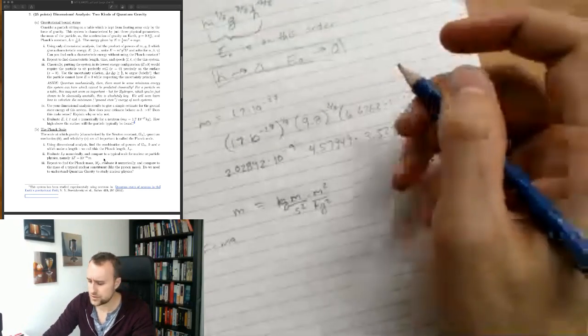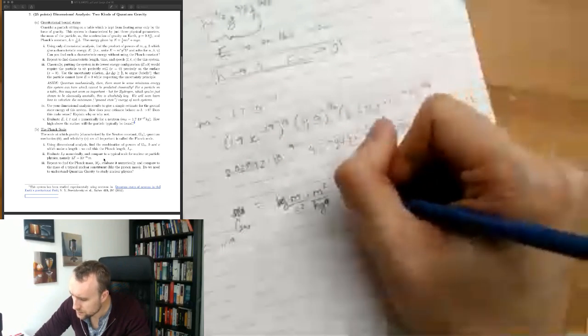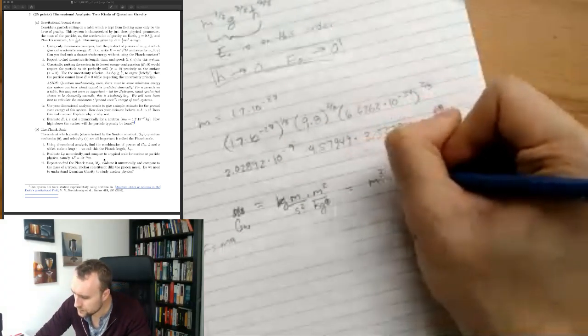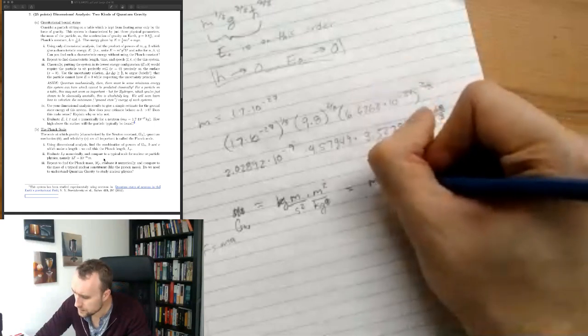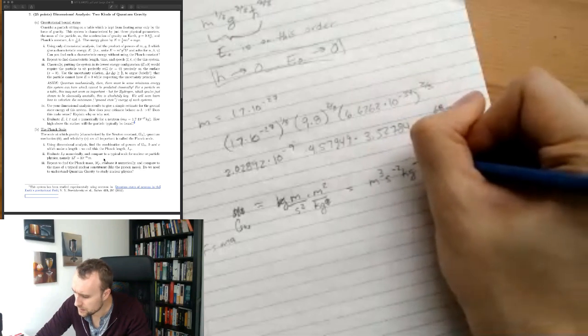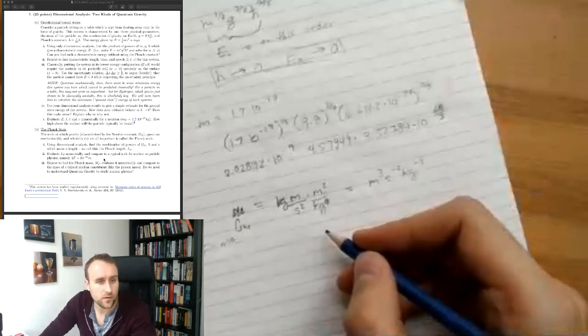So this is our Gn. Let me just put this first. Gn is this. So we can cancel one of these, cancel this, and we get meters to the third, seconds to the minus 2, kg to the minus 1. That's for Gn.